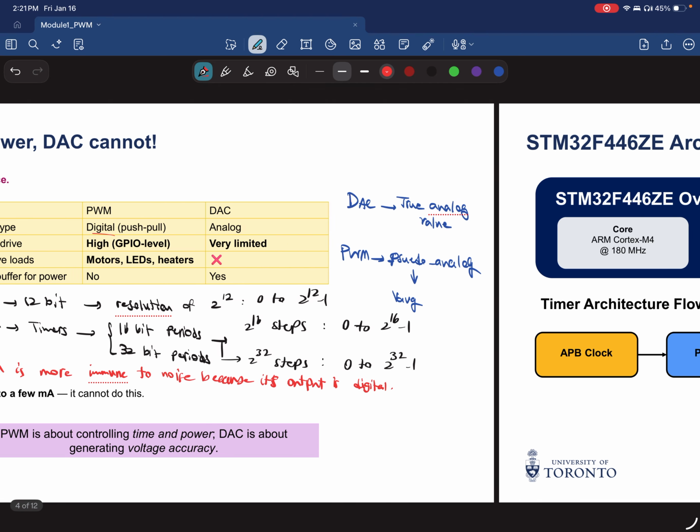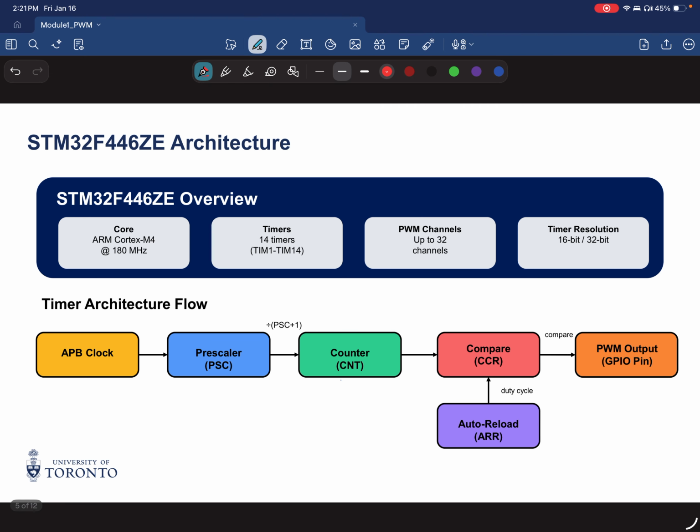Okay, now let's see how we are achieving PWM using timers. We have the CPU clock or APB clock coming in, and just like a regular timer, we divide that by the prescaler register plus 1. Let's say we have 84 megahertz coming in. Then our frequency is going to be 84 megahertz over prescaler plus 1.